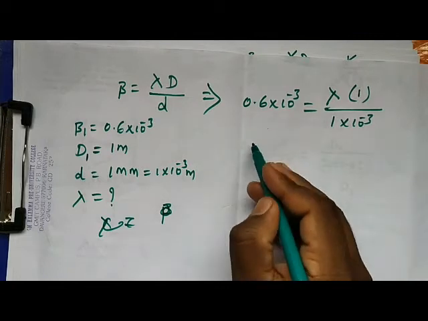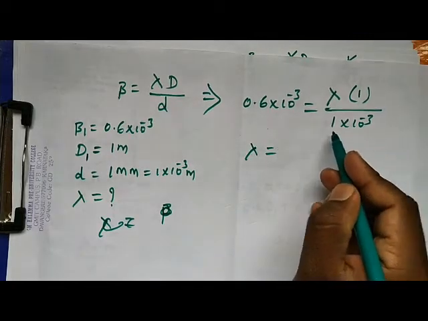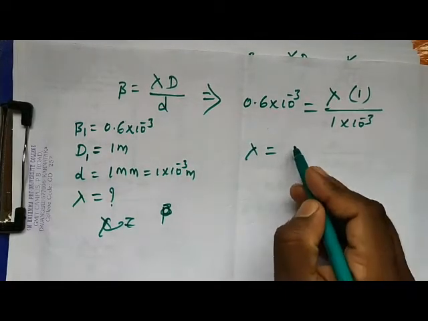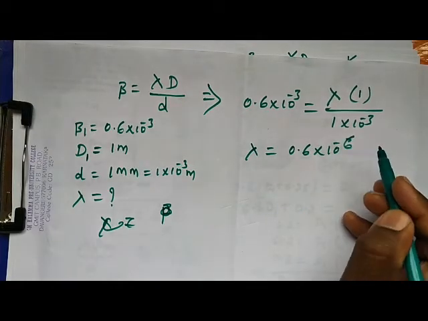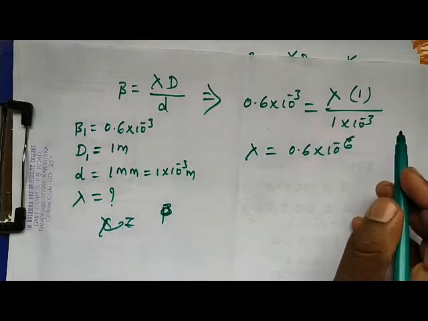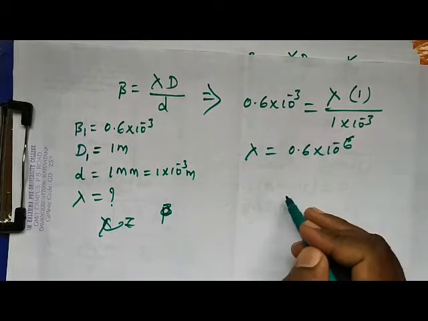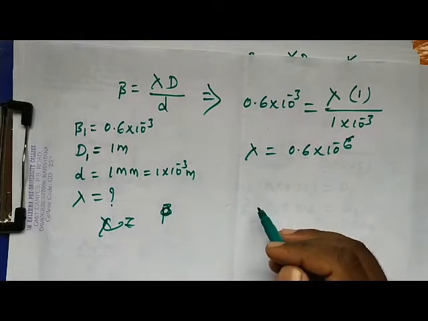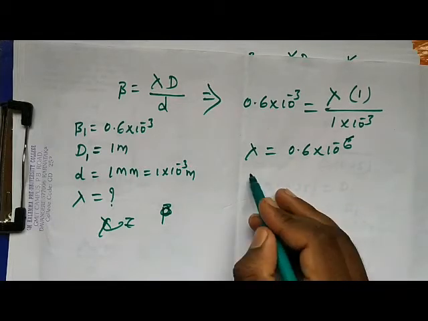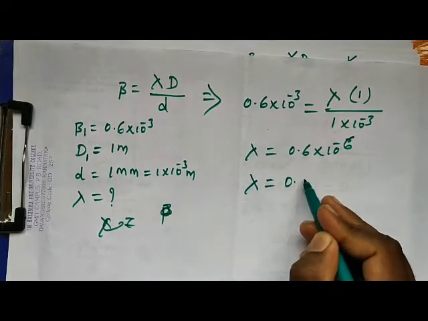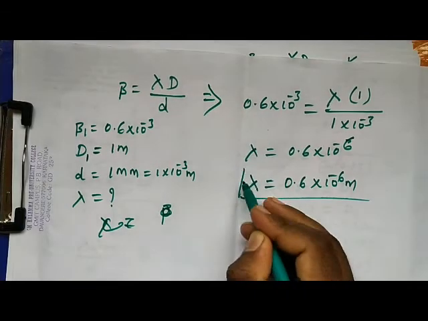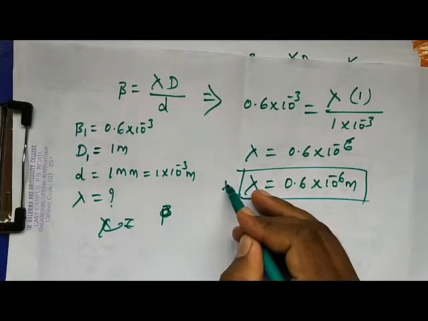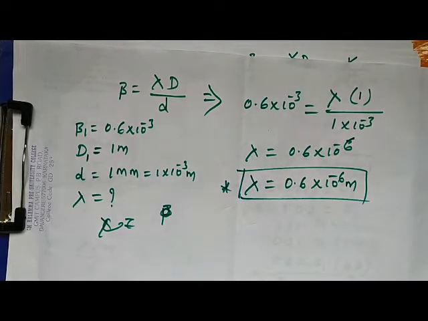If you cross multiply, you get lambda. 0.6 into 1 is 0.6, and 10 to the power of minus 3 into 10 to the power of minus 3 gives 10 to the power of minus 6. So lambda is 0.6 into 10 to the power of minus 6, and finally we express the answer in meters: 0.6 into 10 to the power of minus 6 meter. This is the final answer for B2.